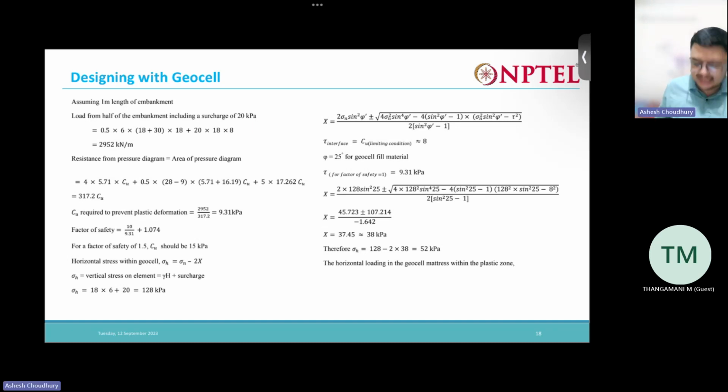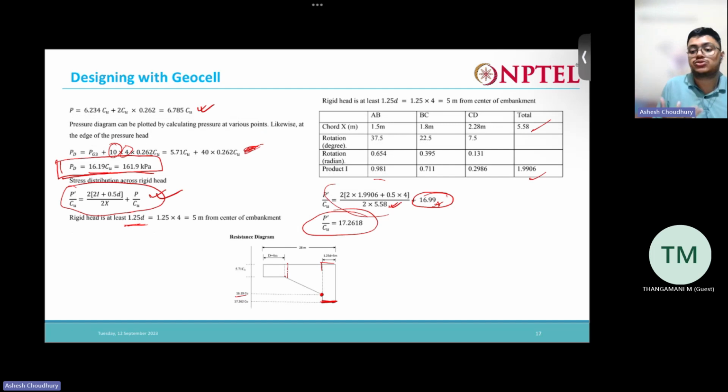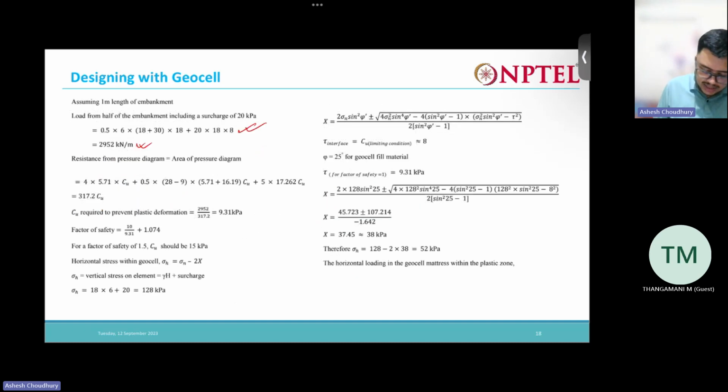Now the resistance that is coming from the geocell, how to get that from the pressure? We will get it from this bearing pressure diagram. If we take the area of this bearing pressure diagram, we'll get this. Now Cu required to prevent plastic deformation is nothing but how much? This divided by this.